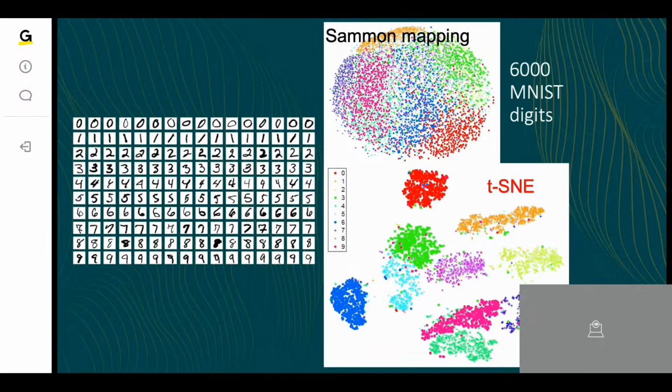There are various ways of mapping these written characters into lower dimensional space. Another popular one is Sammon mapping.